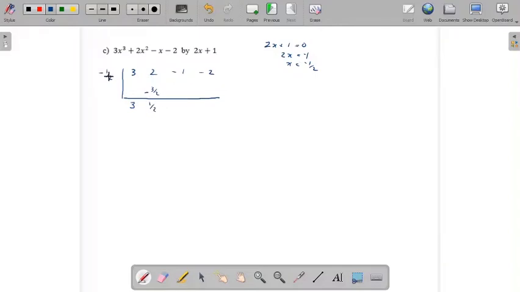And then a half times negative a half is negative a quarter. And then add these. So that's negative 5 over 4. And then negative 5 over 4 times negative 1 half, which would be positive, yep, so that becomes 5 over 8.